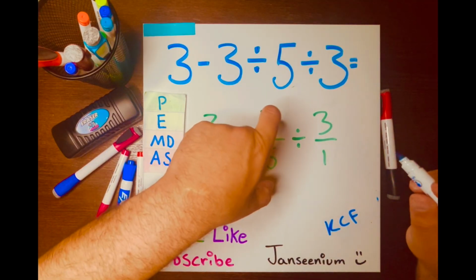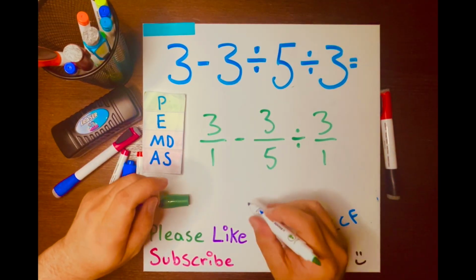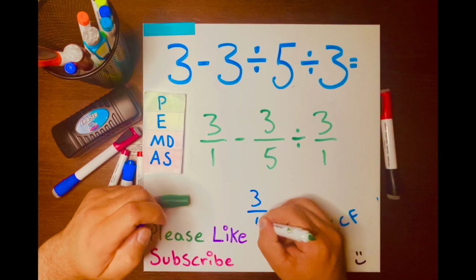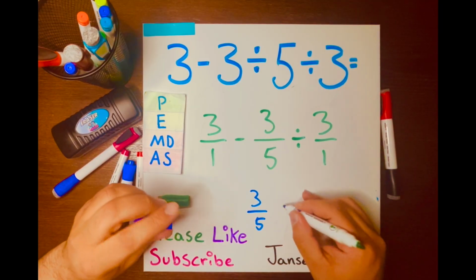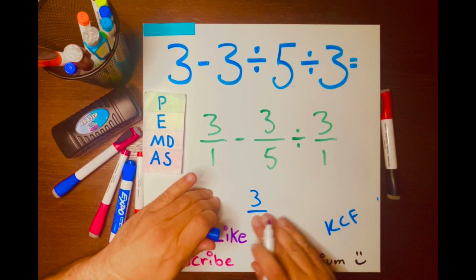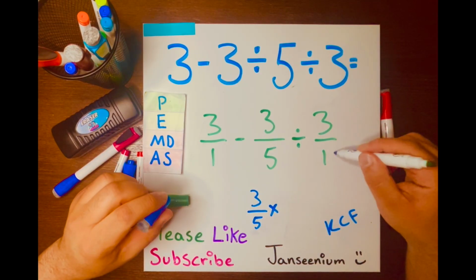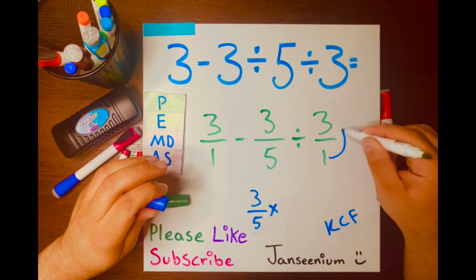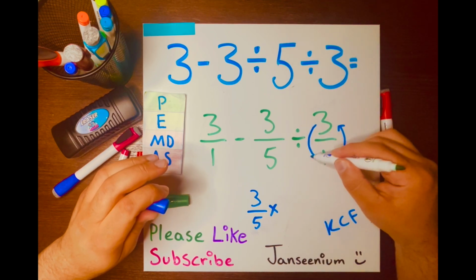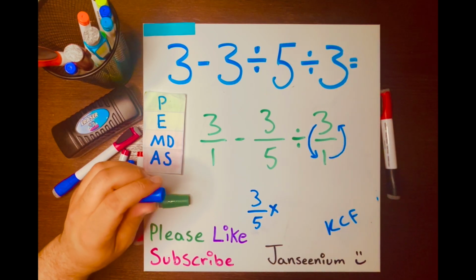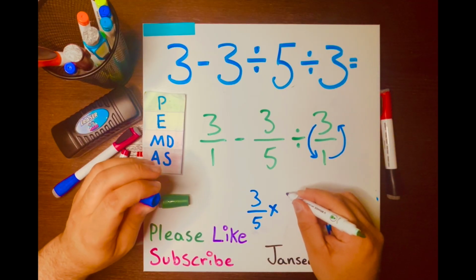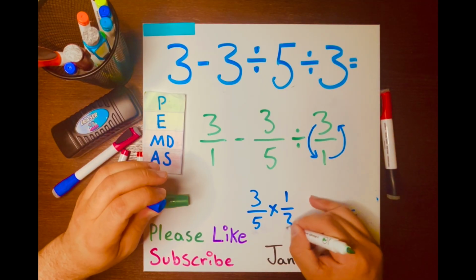So I'll keep the first fraction, so I'll write it here, 3 over 5. Next, we change the division to multiplication. And lastly, we flip the second fraction. So the 1 goes on top and the 3 goes below the fraction bar. So it'll be written like this, 1 over 3.